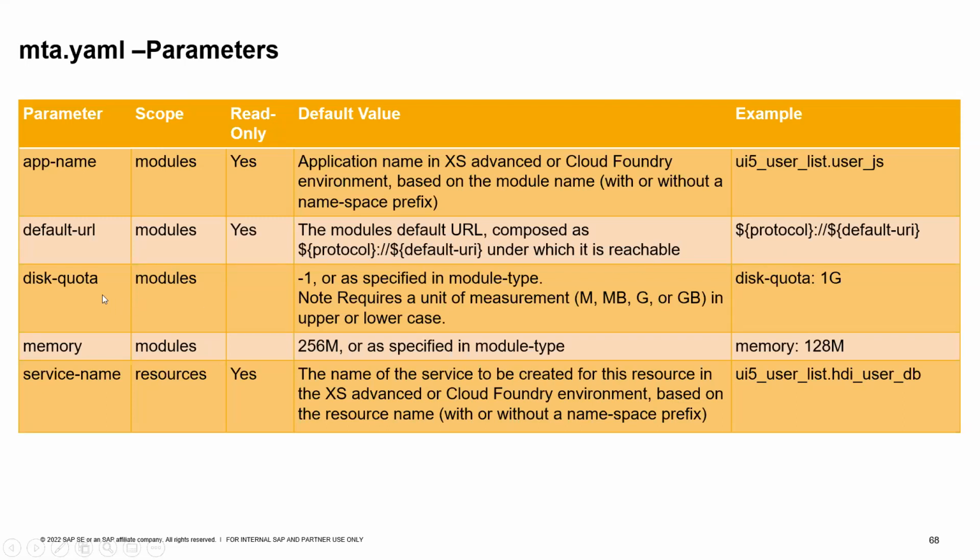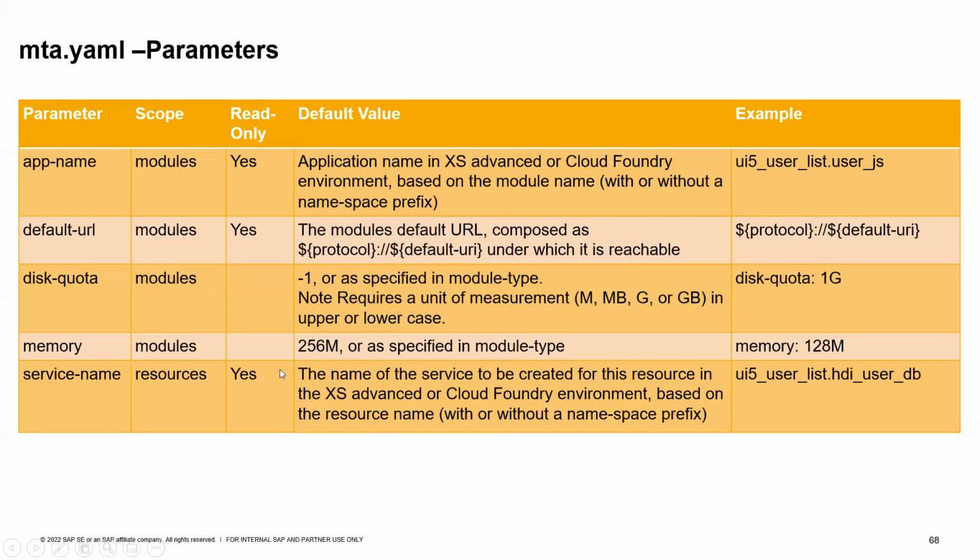And then this quota, we can specify it, it is not read only. So the default value is -1 or less specified in the module type. It requires a unit of measurement like M or MB for MBs, G or GB for GBs. So it can be in upper or lower case. We can define this disk quota as 1 GB ourselves as well.